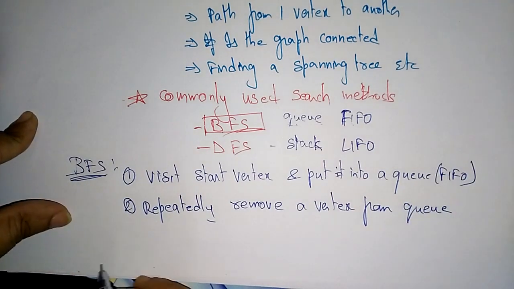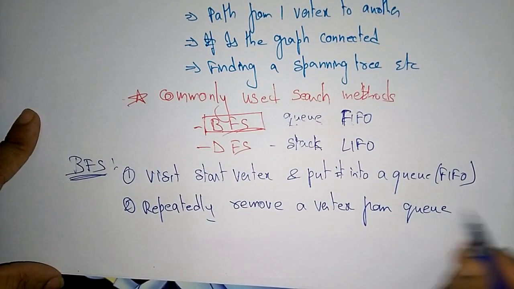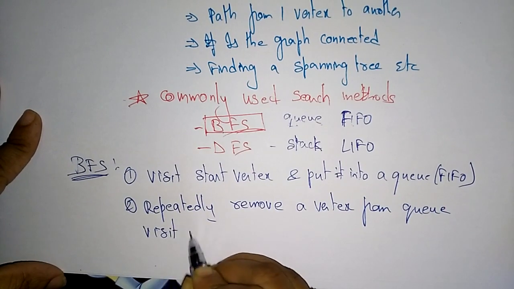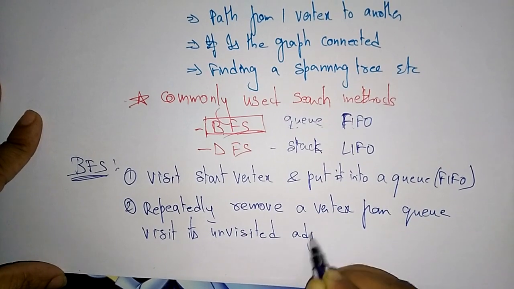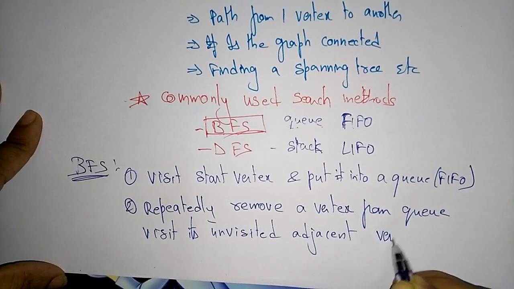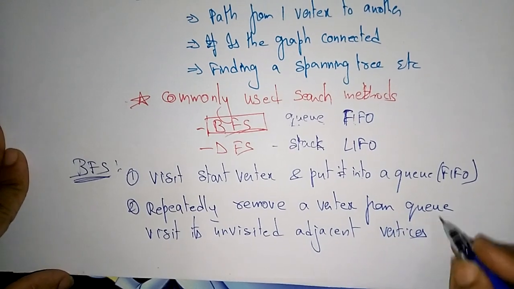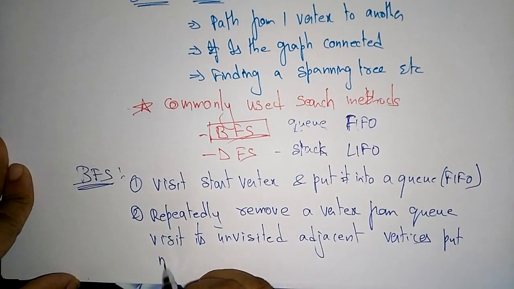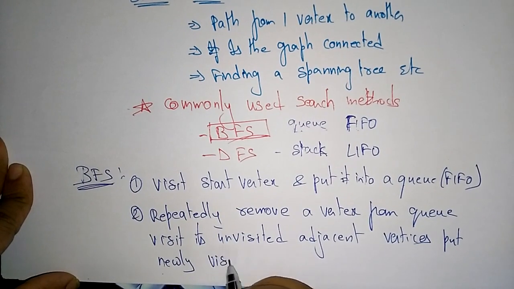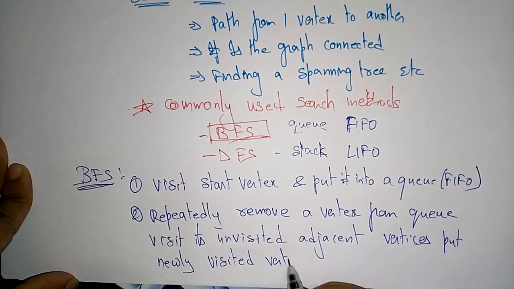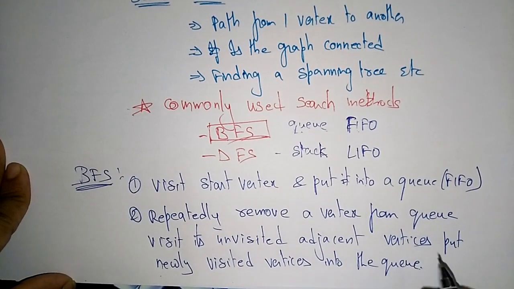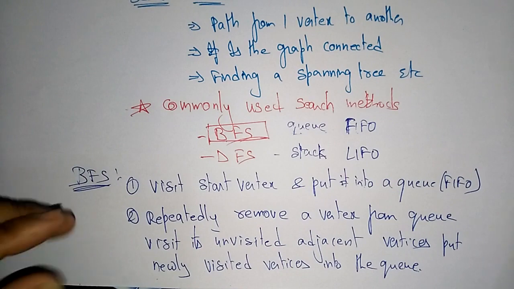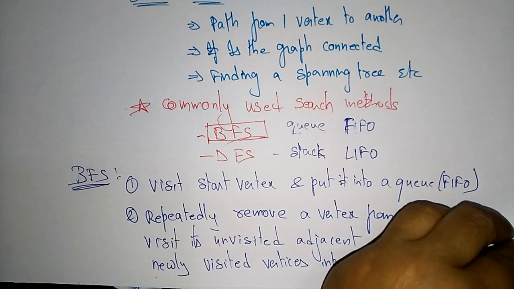So repeatedly remove a vertex from the queue, visit its unvisited adjacent vertices, and put the newly visited vertices into the queue. This is the process of inserting and removing values. I'll explain clearly with the algorithm and the example.